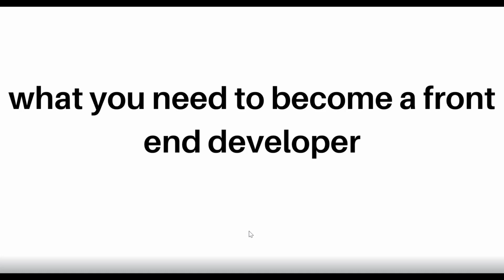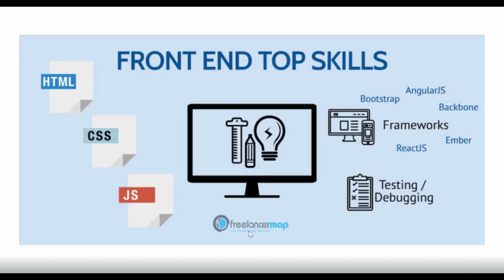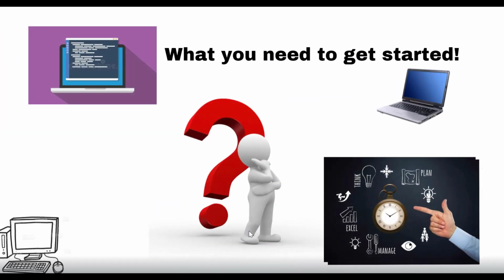What do you need to become a front-end developer? Basically you need some skills: HTML, CSS, JavaScript. You need to learn some frameworks like Bootstrap, Angular, Backbone, React.js, and so on. These are the basic skills you need.